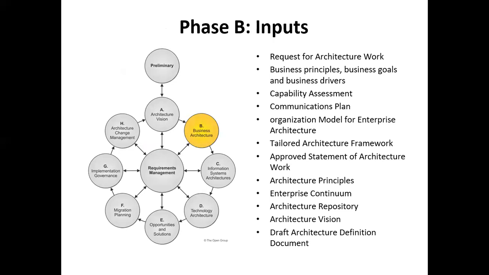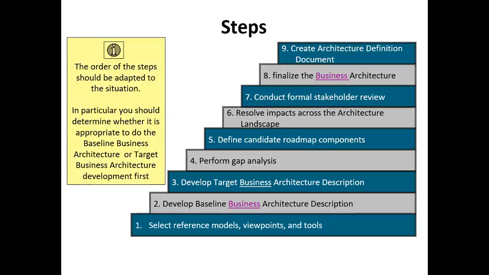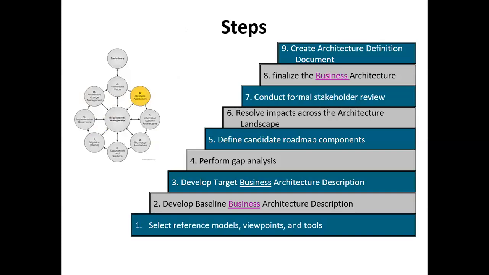Now, the steps in phase B. Phase B, C, and D have the same steps. I'll be covering B, and the remaining you can look into. Even B, we discussed in level 1, so I'll just take you through that.